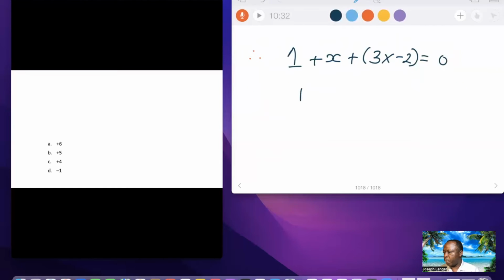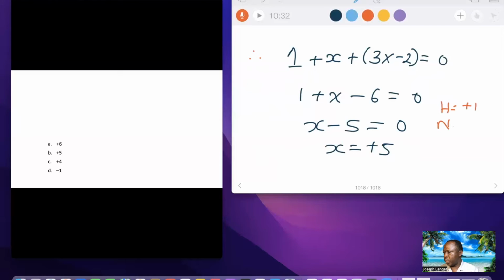So 1 plus X minus 6 equals 0. X minus 5 equals 0. X equals +5. This is the oxidation state. And remember, if you are asked for each element, hydrogen equals +1, nitrogen equals +5, and oxygen equals -2.